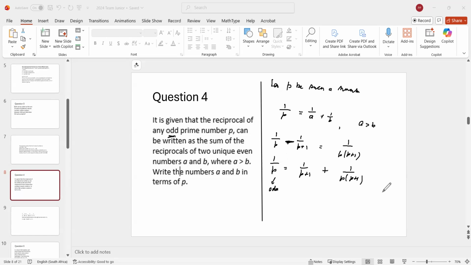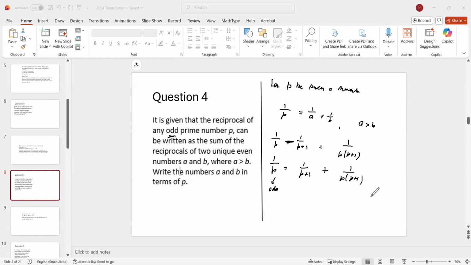Because this is the product of two consecutive numbers. The product of two consecutive numbers is always even. P and P plus 1 are consecutive, and one of those factors will have to be even. In this case, P plus 1 is even. Okay, so now we have that.